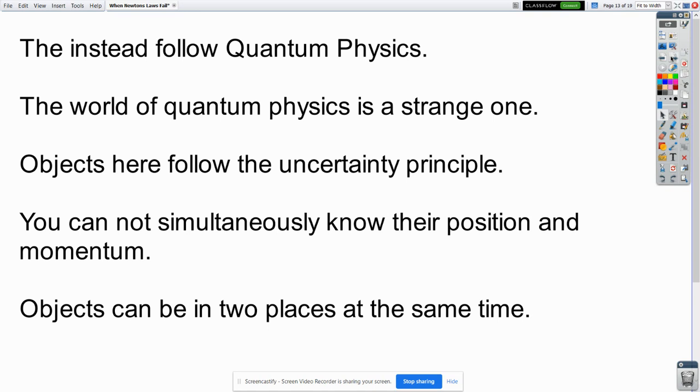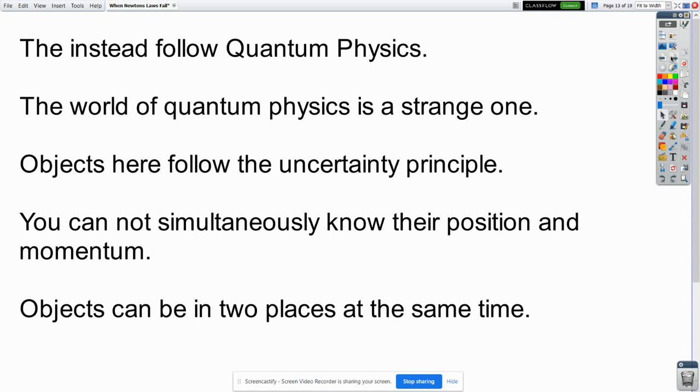In the quantum world, the subatomic world, the world of protons, neutrons, electrons, atoms, and molecules, objects follow the uncertainty principle. The uncertainty principle states you cannot simultaneously know the position and the momentum of these particles. You can't know where they're at and where they're going at the same time. This is very different from the macroscopic world we live in.